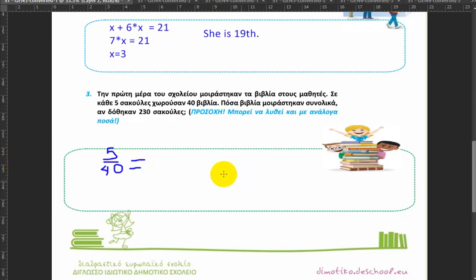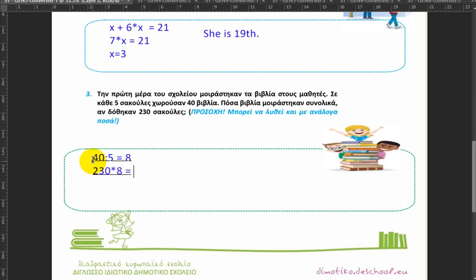And the other way you could have done this is, in my opinion, easier. You could have said, well, since I get 5 bags for 40 books, that means 40 divided by 5 gives 8. There are 8 books in each bag. And since I have 230 bags, it's 230 times 8.